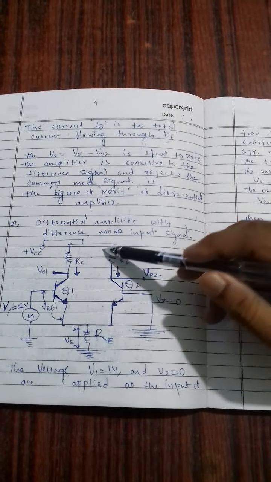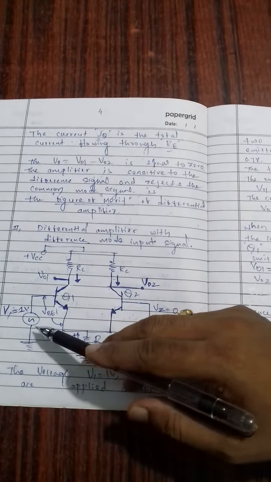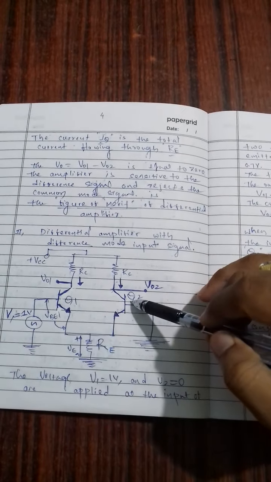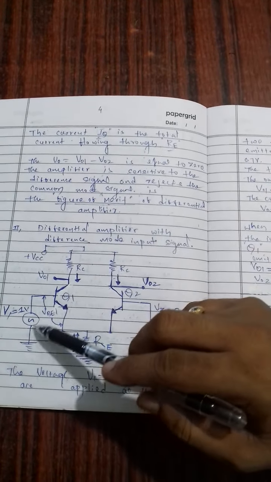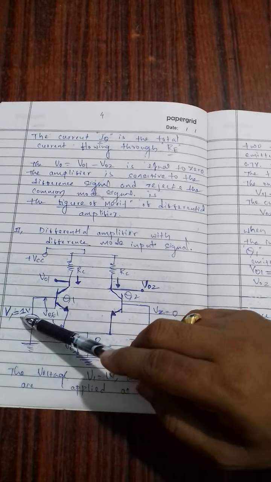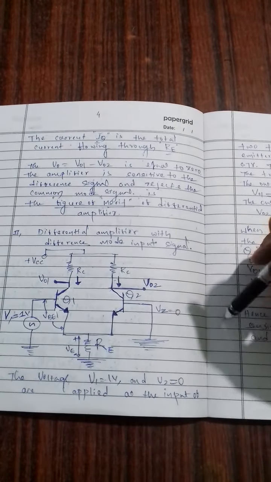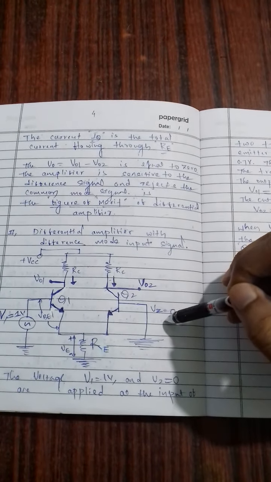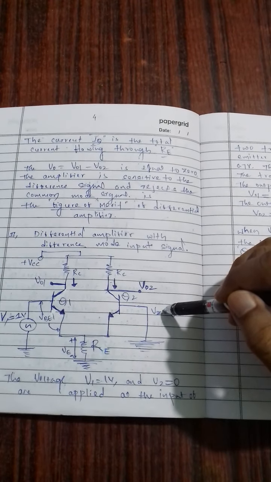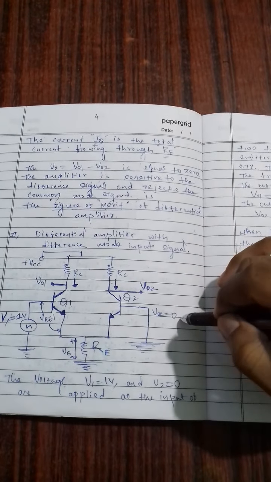Differential amplifier with difference mode input signal, that is, different voltages are applied at the bases of transistors Q1 and Q2. A voltage V1 equal to 1 volt is applied at the base of transistor Q1, and V2 is at ground potential, that is V2 is equal to 0.